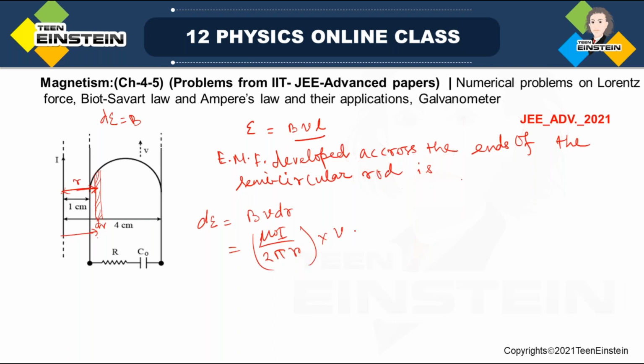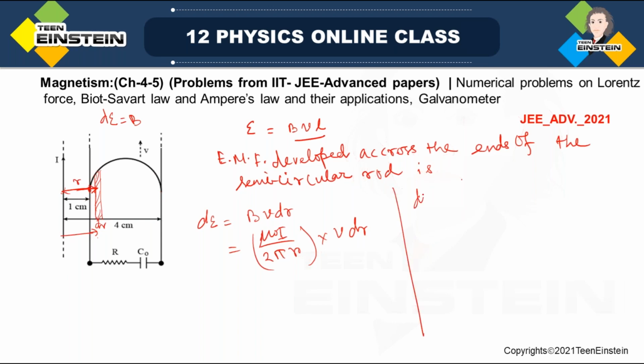So this is B, V and dr. Look, if we integrate, the semicircular arc is from distance r equal to 1 centimeter to r equal to 4 centimeter from the wire.